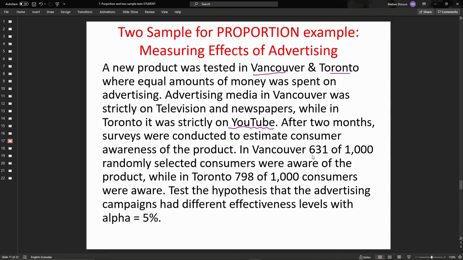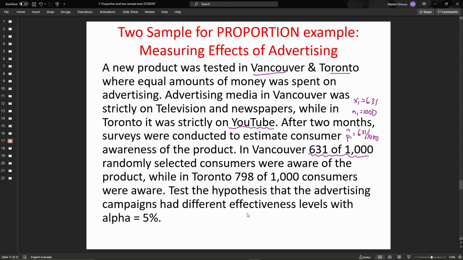In Vancouver, we might say this is p hat 1, 631 out of 1,000. So n1 is 1,000 and x1 is 631. They were aware of the product.